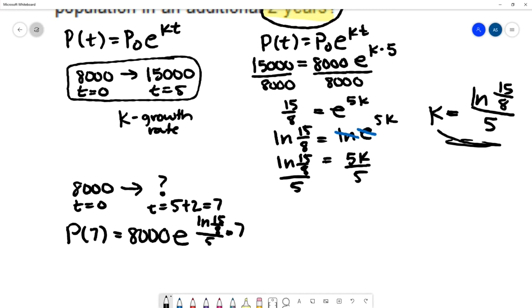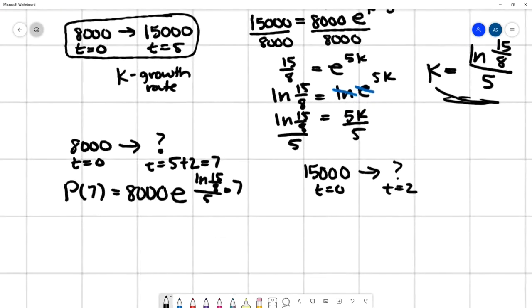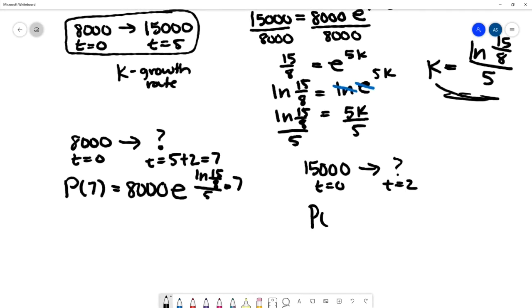Or if we start off with a population of 15,000, that's going to grow to some unknown amount, but that is only 2 years of time. So if we do it that way, we would have P of 2.